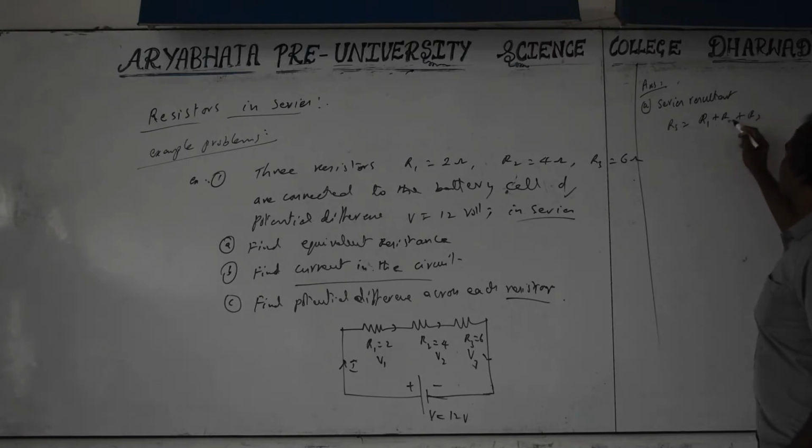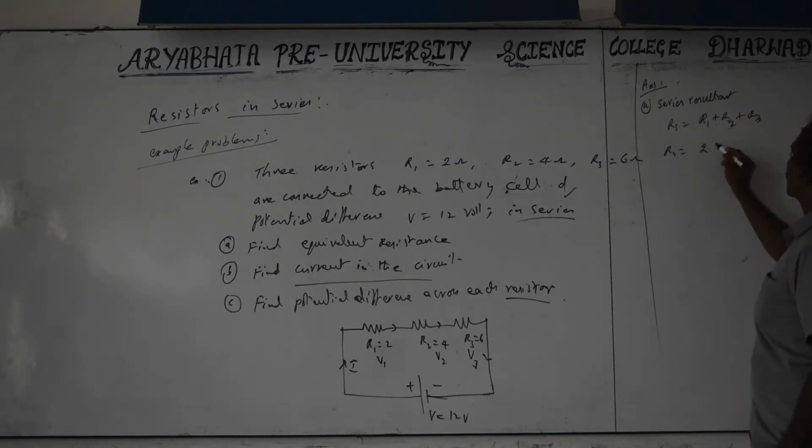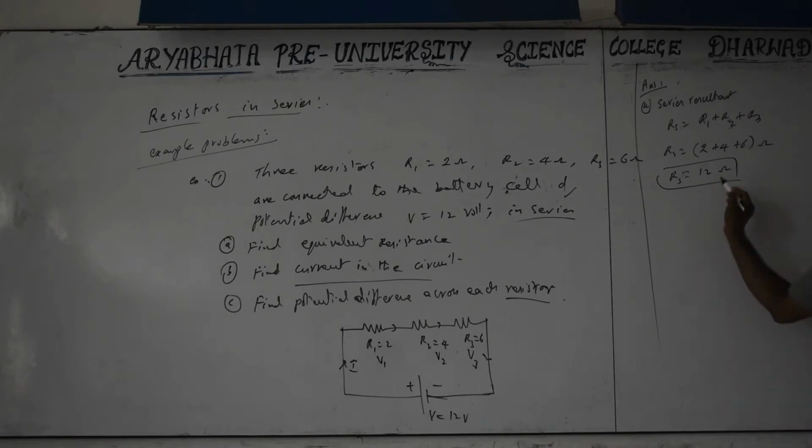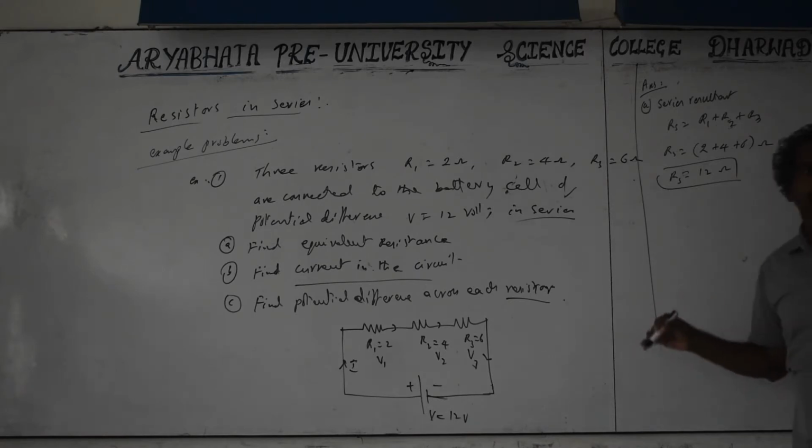Not for capacitors. That means R is equal to 2 plus 4 plus 6 ohms. 6 plus 4 is 10, plus 12... 12 ohms is the resultant resistance. We should always underline or box the final result in calculation problems of the examination. Don't forget units. Most students lose marks because of the units.